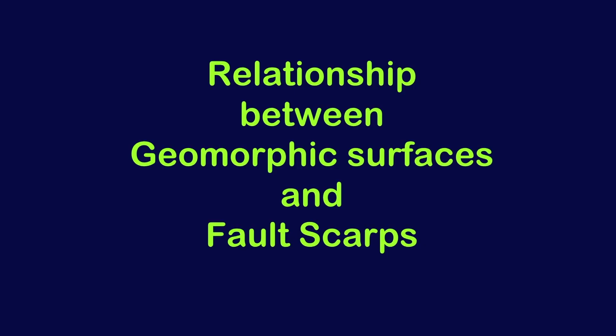Now, relation between the geomorphic surfaces and fault scarps. Now, in field, if you go, or the natural processes where the landscape evolves, we have learned about the fluvial landscape, we will see the terrace formations and all that. Okay.